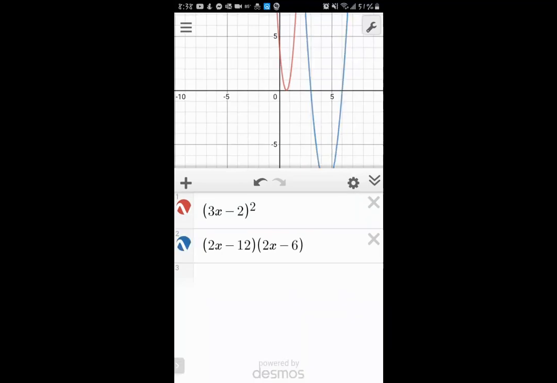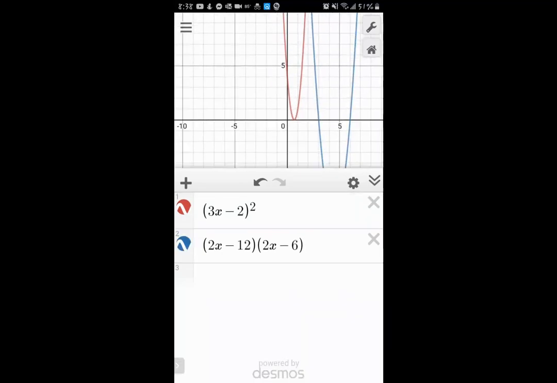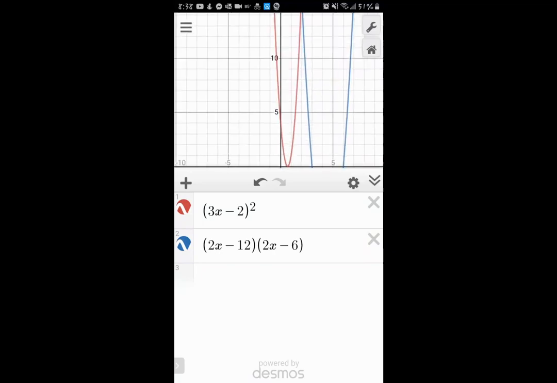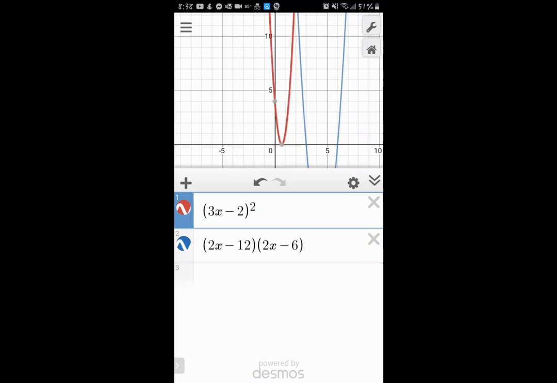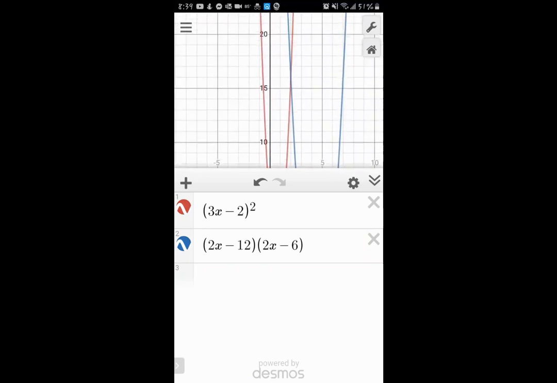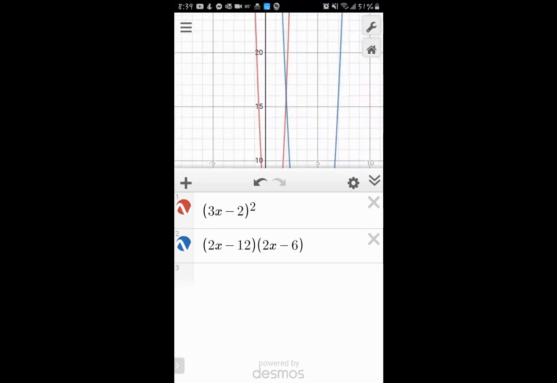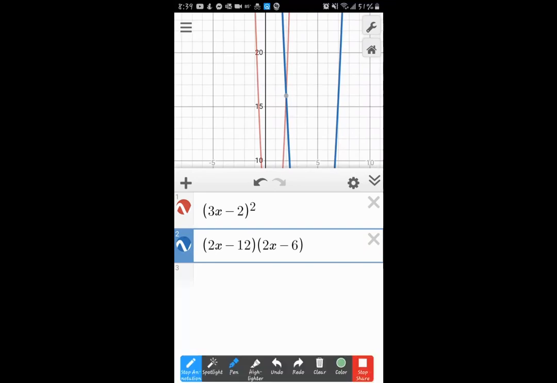And now I'm going to go to the top half of the screen here, and using my finger, I can drag this up. And if I click on one of the graphs, either one of them, then it'll show me some of these points in gray here. And if I go up here, there's a point in gray there. And that point is where they intersect.